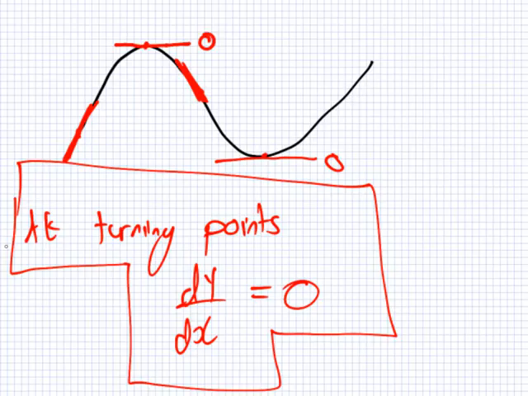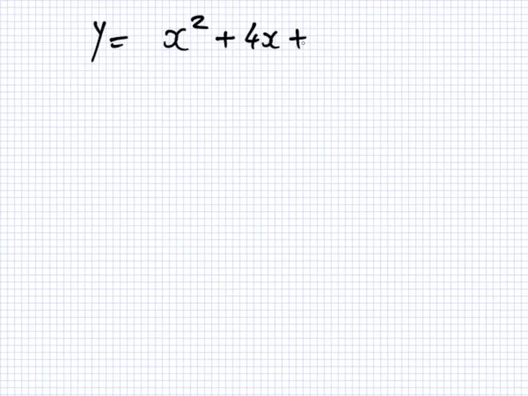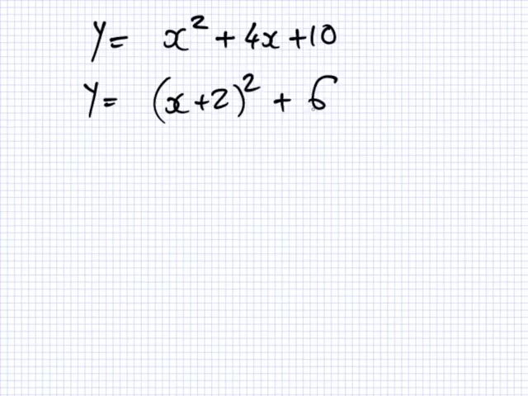Can I do an example? Yes? Let's pick an example where we can do it by completing the square. So for example, if I have x squared plus 4x plus 10. Here, if I complete the square, I get x plus 2 squared plus 6.